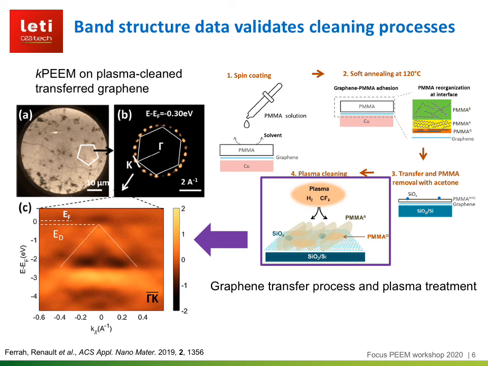But we were able to extract the band structure and see that the Dirac cone is actually shifted, a negative energy shift related to the Fermi level, which indicates n-doping. And this is a trace of the influence of hydrogen being trapped into the structure from the plasma.